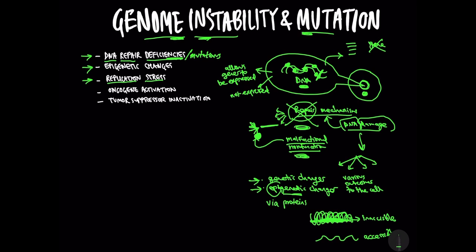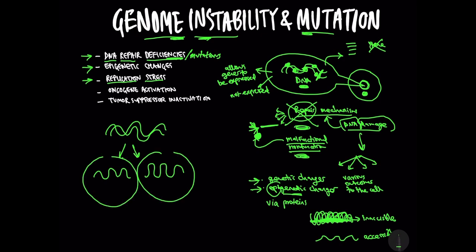So DNA, as we had mentioned, is when dividing, we have one parental strand here, one parental strand for the other daughter cell, and a new strand. And these are again within the nucleus of the two daughter cells.